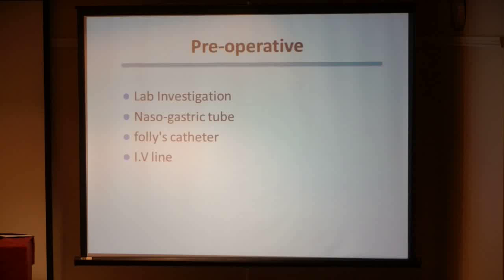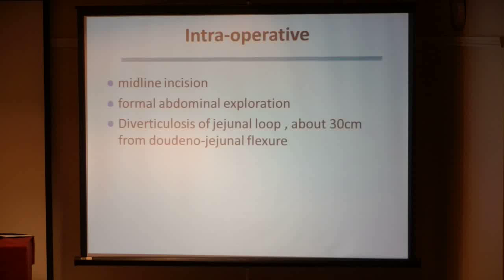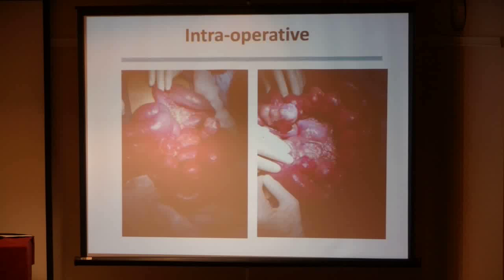Preoperative routine lab investigations were done, with a nasogastric tube, Foley catheter, and IV line. Intraoperatively, through a midline incision and formal abdominal exploration, we found diverticulosis of the jejunal loop about 13 centimeters from the duodenojejunal flexure. It was the first time I had seen this diverticulosis.